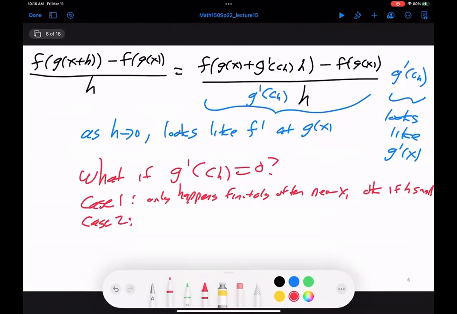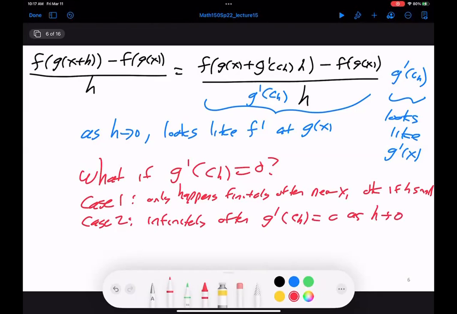That's one way, but there's other ways. So case 1 is if g prime is 0 only finitely often. That's not the next case. There's something in between that happens finitely and it happens every single time. Yeah. So infinitely often g prime of c of h equals 0 as h goes to 0.